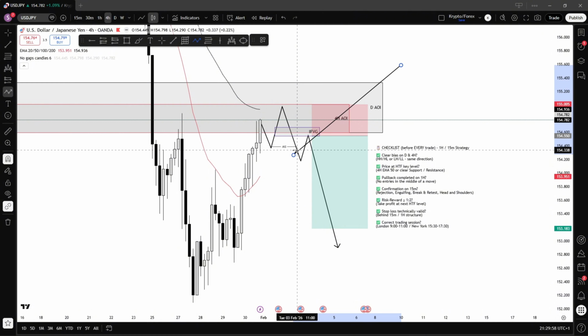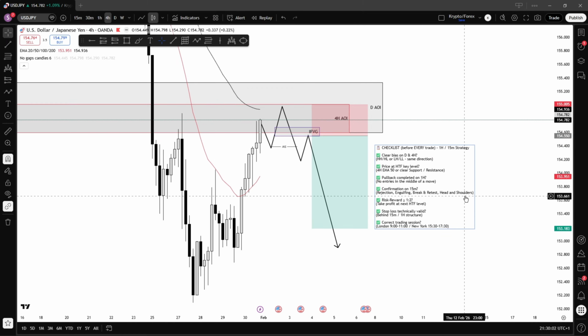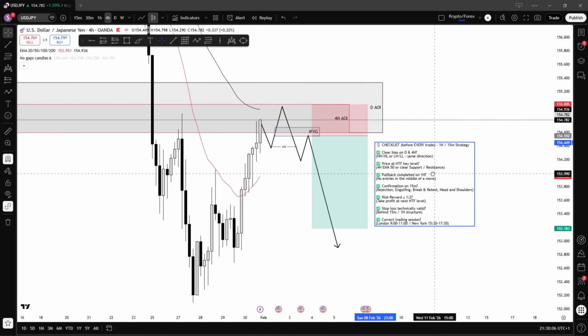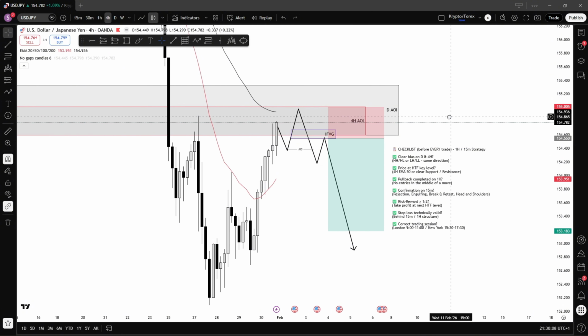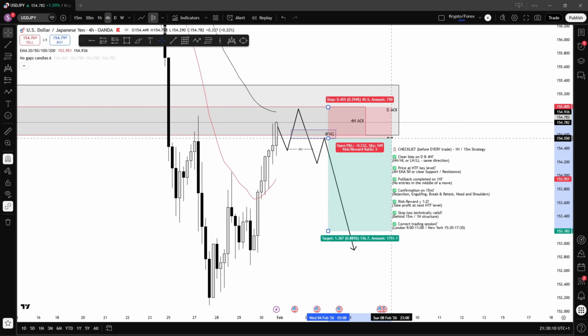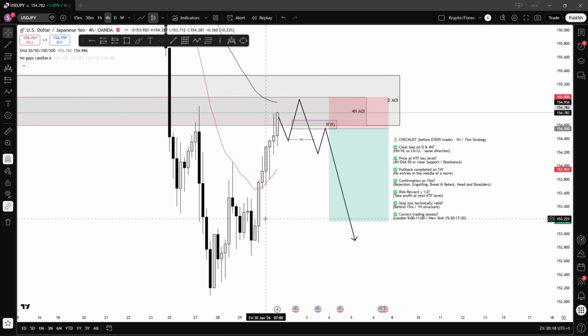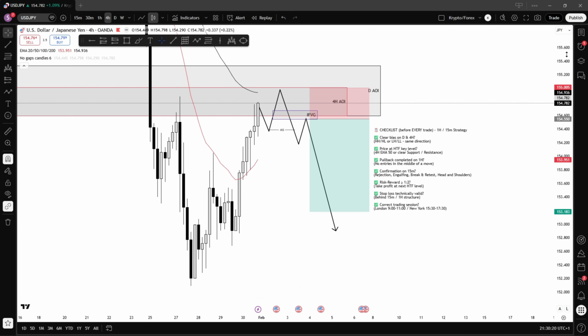I'm only gonna enter if a head and shoulders happens, and that's on my list too. A head and shoulders, this is a very common, very effective confirmation confluence, and then I'm probably gonna target a 1-3 right here at this order block demand zone.